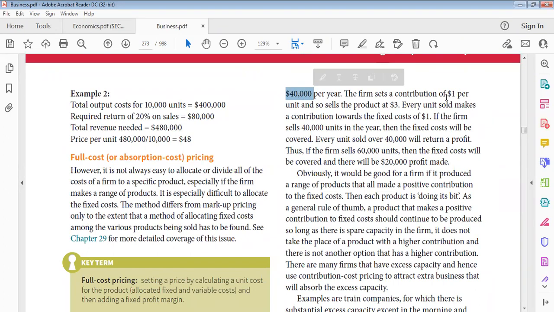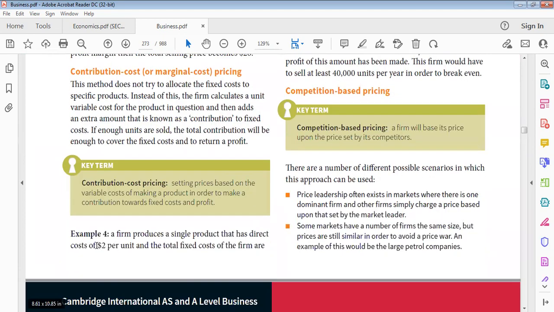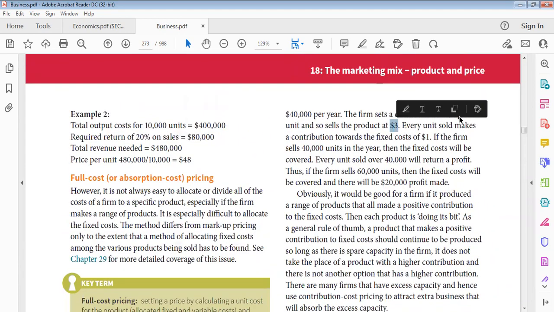If their contribution is $1, the selling price will be $3. Out of this $3, $2 is covering the variable cost, the direct cost, and the other $1 is my contribution. That means my other $1 is going to cover my fixed cost, right?